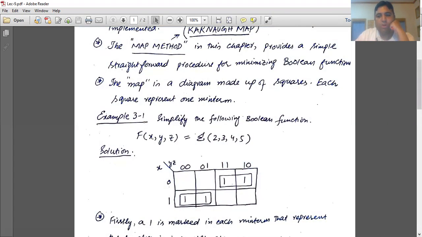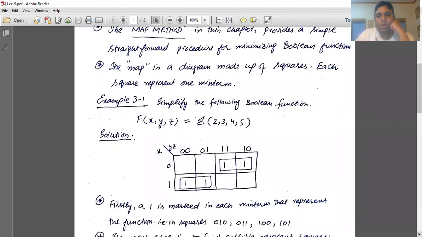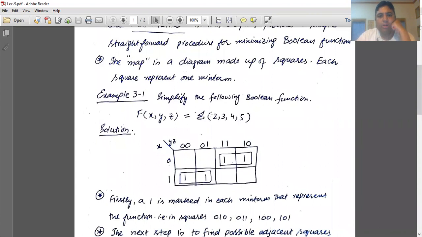Now what we will do next is write a 1 in each of these four minterms. Which are minterms two, three, four, and five? It is written here. Minterm two in binary is 010. So 010 means x is 0, y is 1, z is 0.